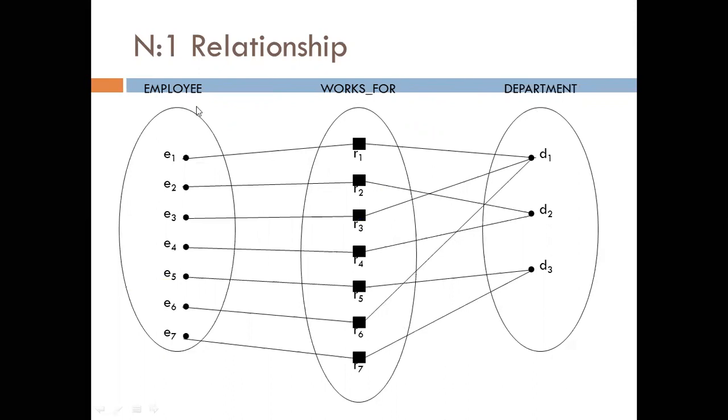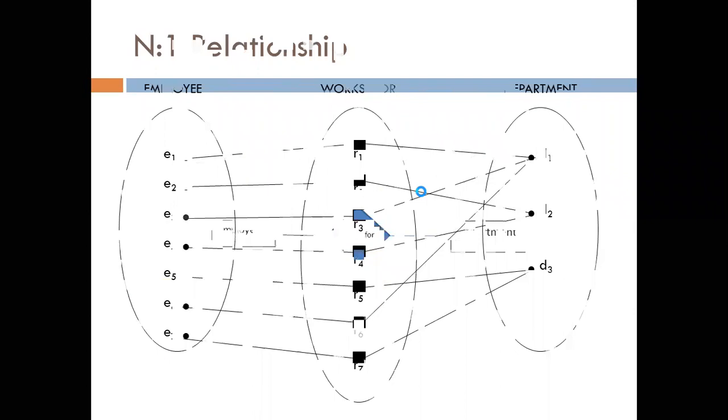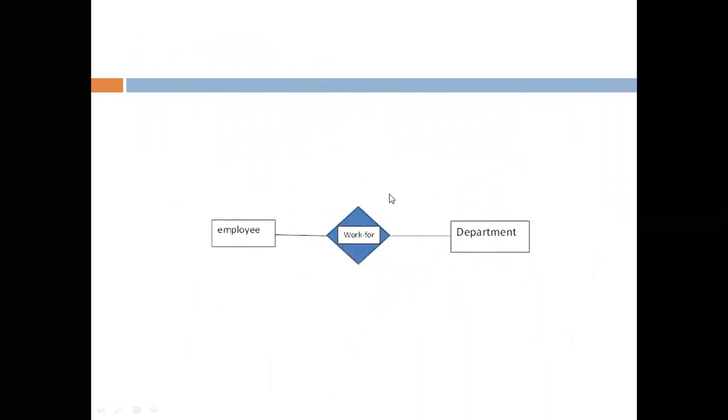That means N employees can belong to one department, or in the reverse, one department can have N employees. This is N:1. All the employees should work for any one of the departments. This is the ER model: employee works for department, and here we write N:1.